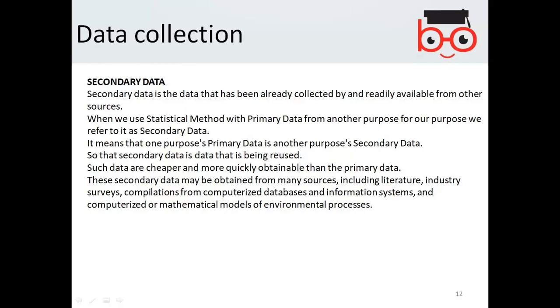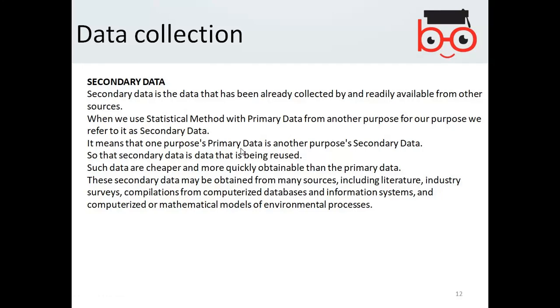So whenever you are using statistical methods on existing data, you are dealing with secondary data. It means that one person's primary data, used for another purpose, is secondary data.